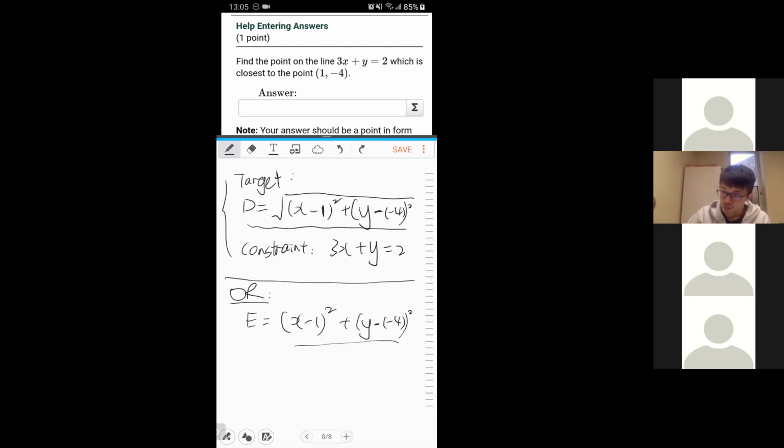And we still have the same constraint, which is 3x plus y equals 2. So you can either do this or this. Does anyone see why I prefer the second one?